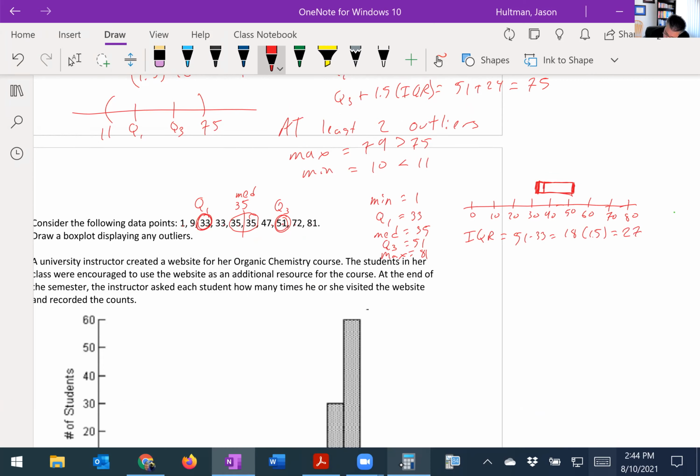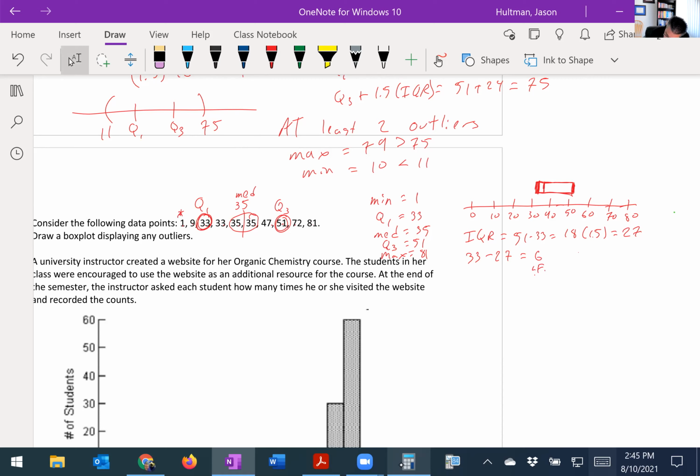So I'm going to take my low value of 33 and subtract off 27, which is equal to 6. So that's my lower fence. Were there any numbers that were lower than 6? Yes, it was 1. So 1 is an outlier. Put a star above it just to say, hey, you're an outlier.